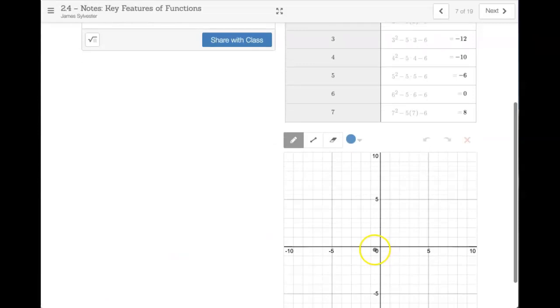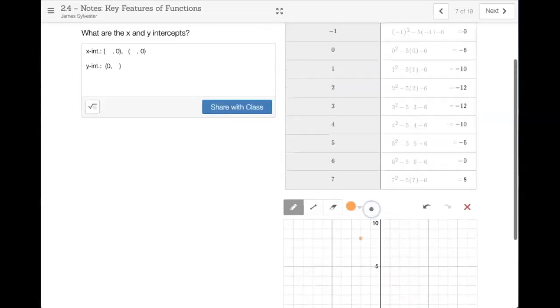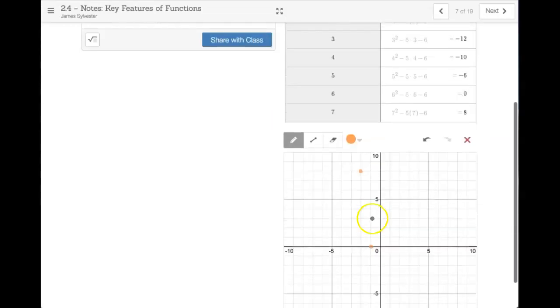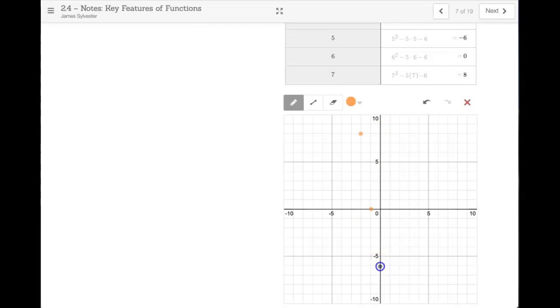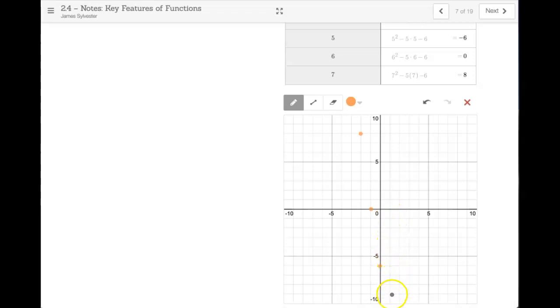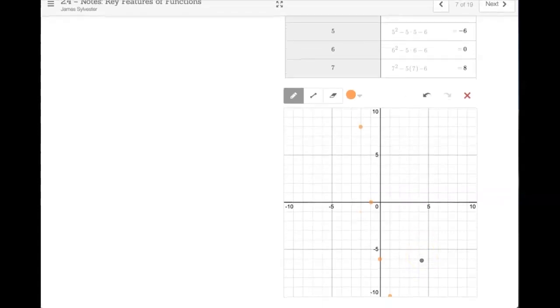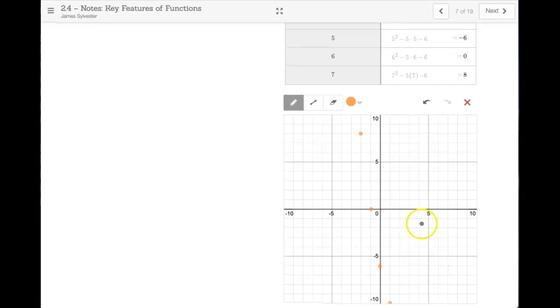So (-2, 8) is my first point, left 2, up 8. Again, that's (-2, 8), left 2, up 8, and then (-1, 0), left 1, stay there, (0, -6), so stay at 0, go down 6, (1, -10), so right 1, down 10, and then, let's see, oh, this graph doesn't go all the way down, guys.